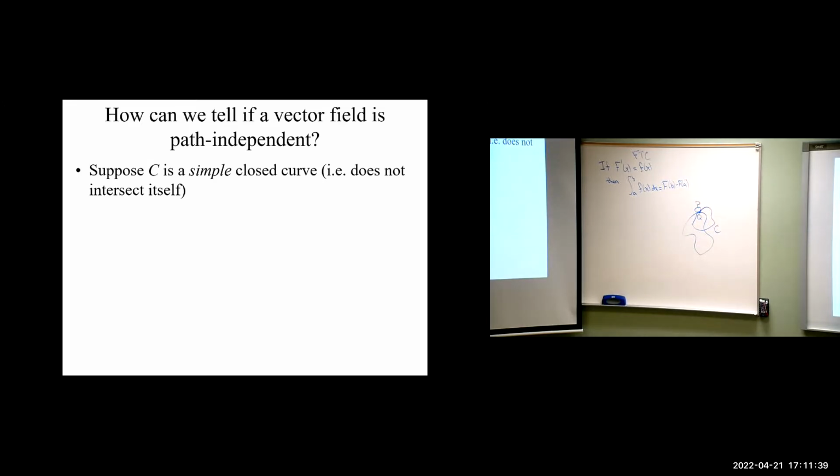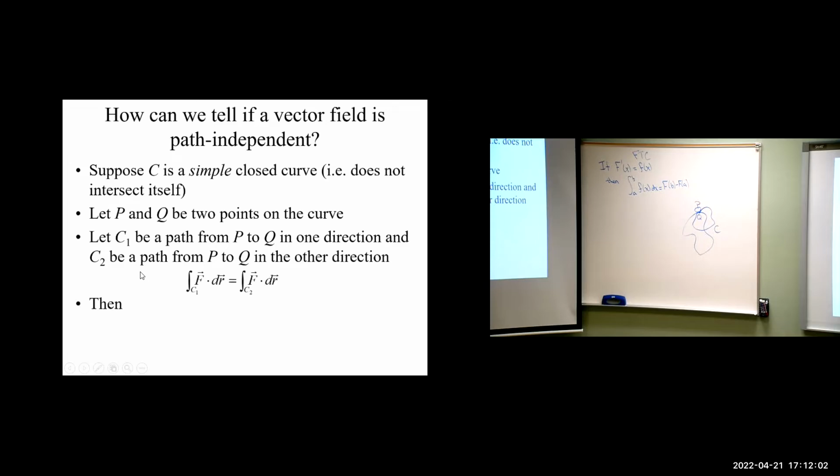Because there's infinitely many. If any closed path comes out to be non-zero, we already know it's not conservative, therefore it is not a gradient field. Okay, so if you show any closed path is non-zero, it could be a circle. You know, we've done a lot of circles, right? So that's basically what this slide's saying.